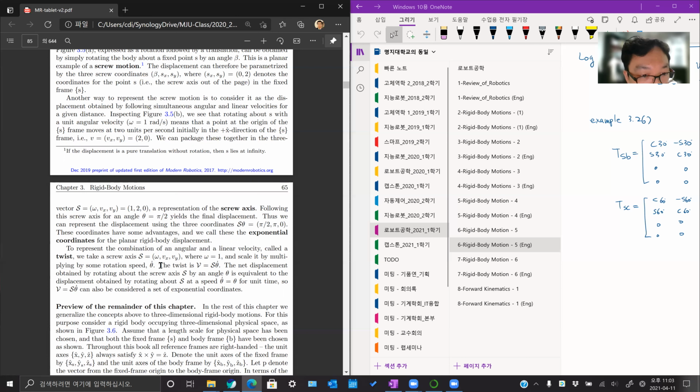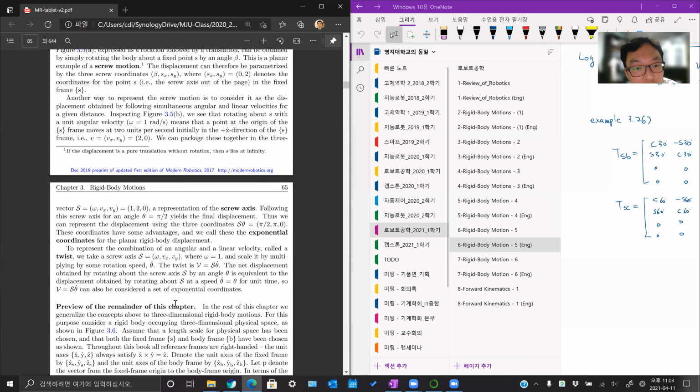So actually, it becomes the theta dot and theta dot equals theta. It means unit time. So because we just assume omega equal 1, we can using this kind of expression.